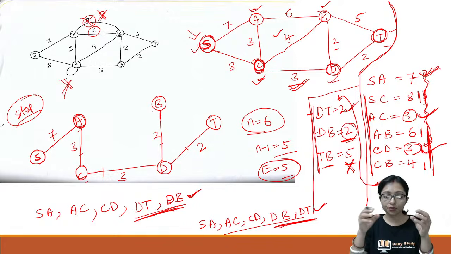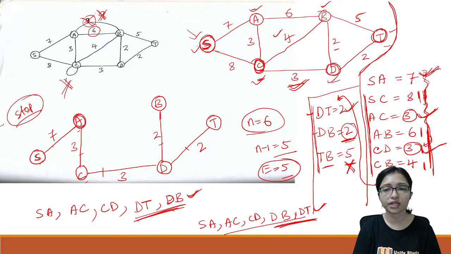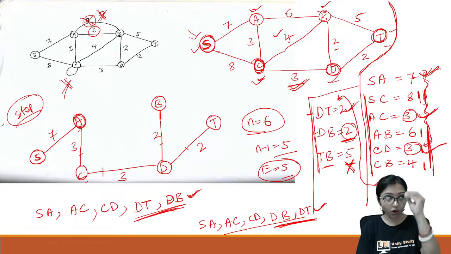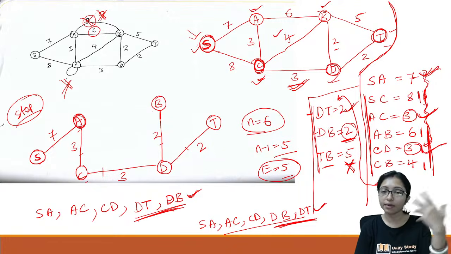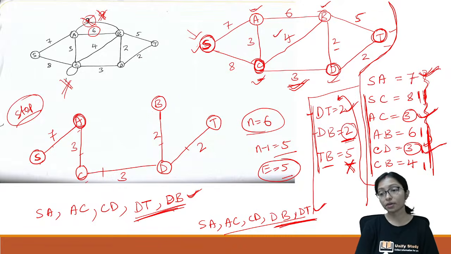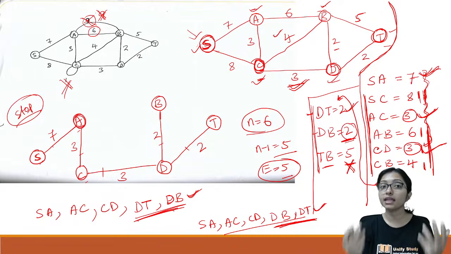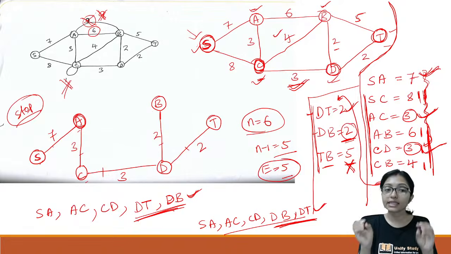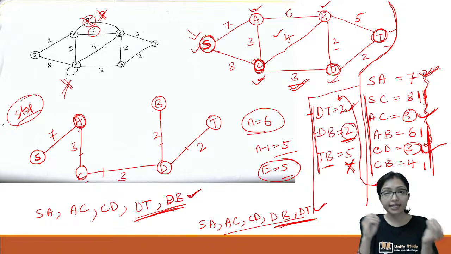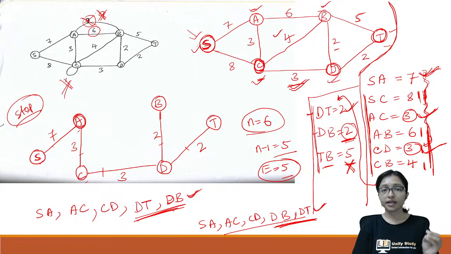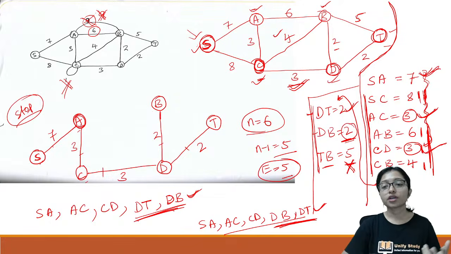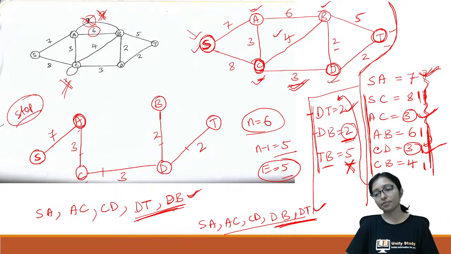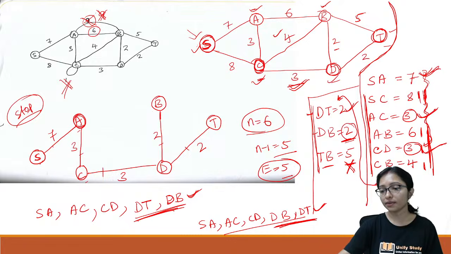You are adding all the edges, and out of all the available ones, you choose the minimum, because our target is to make a minimum spanning tree with minimum weight. That is a greedy algorithm. A greedy algorithm is always trying to achieve minimum cost. That's why we will not take DT, TB. Other than that, we will take the DB.